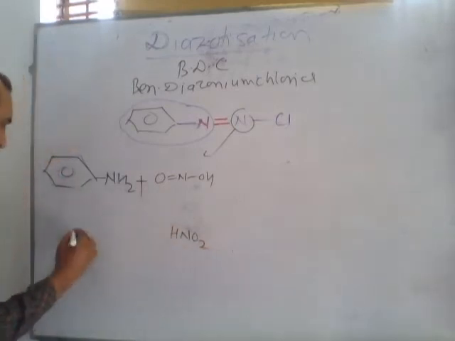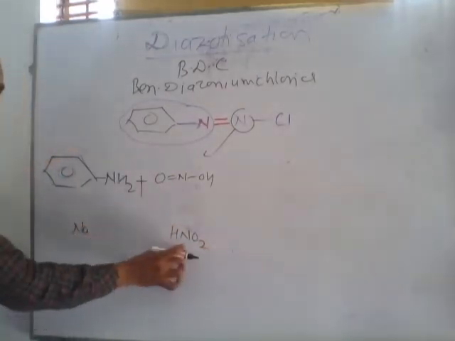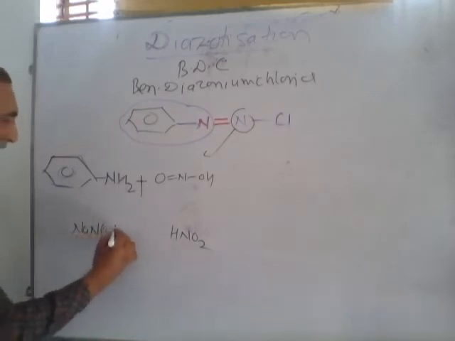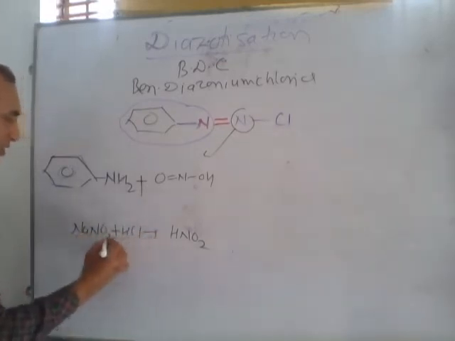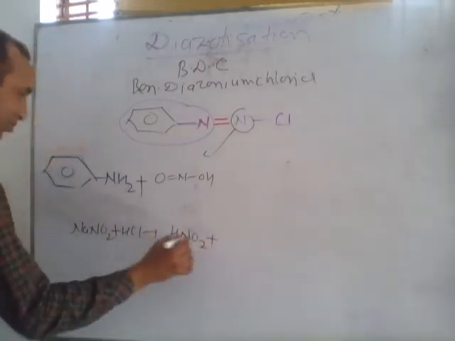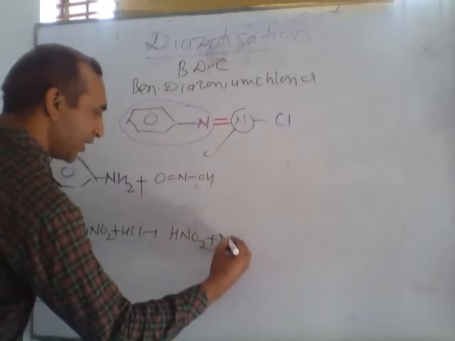Because nitrous acid is unstable, to prepare nitrous acid we use sodium nitrite along with HCl. These two react fast and give HNO2 and NaCl.